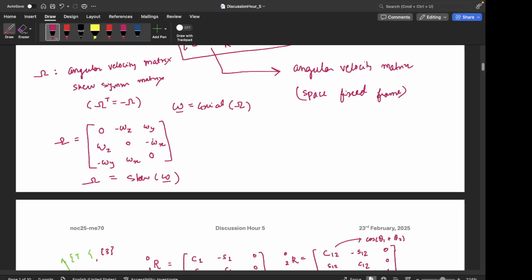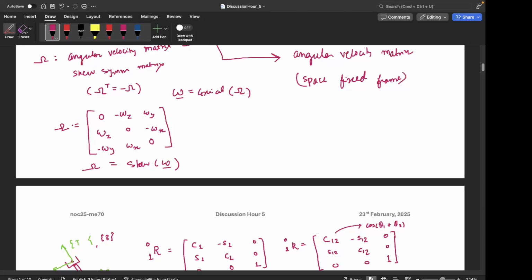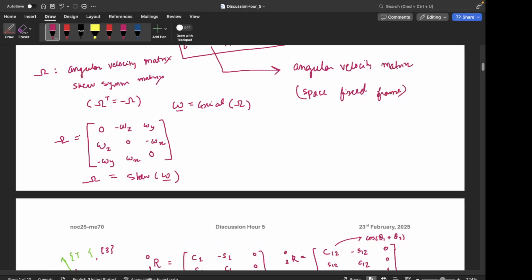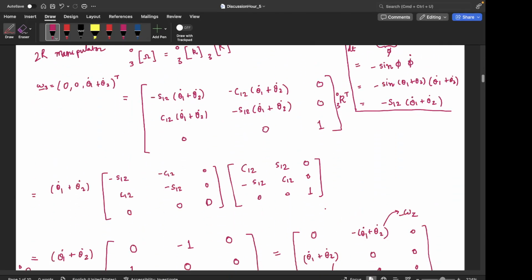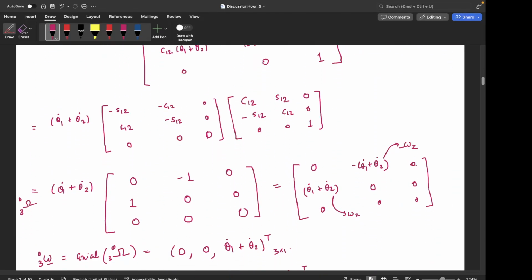And that is useful and important because in this Euclidean space, we describe angular velocities using 3 components itself. So this capital omega, when we compute, has this property. You can see that the diagonal is 0, and this is minus omega z, and this is omega z.